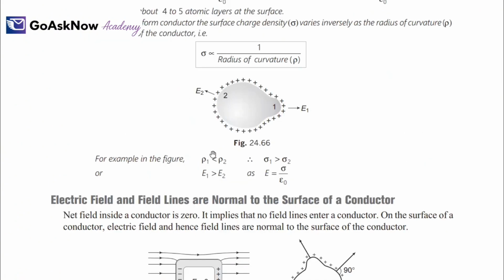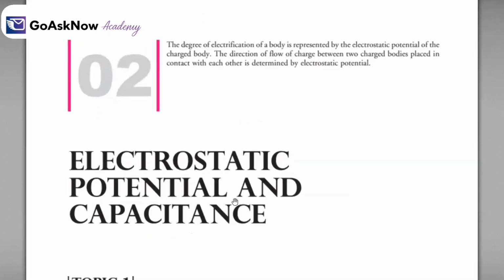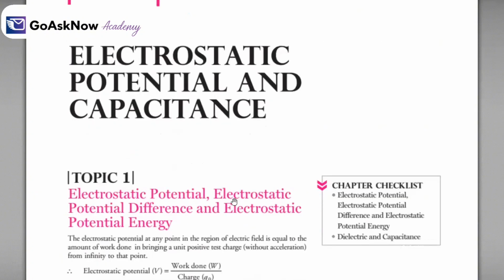We have already seen some questions on electric flux, so we will now move forward to the next chapter. The next chapter is electrostatic potential and capacitance.